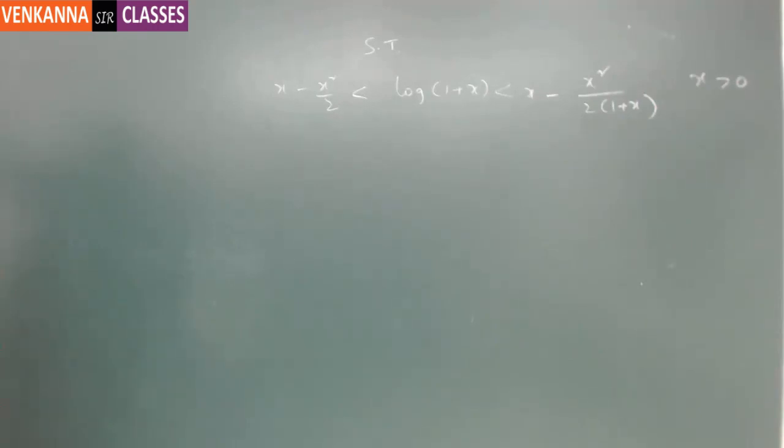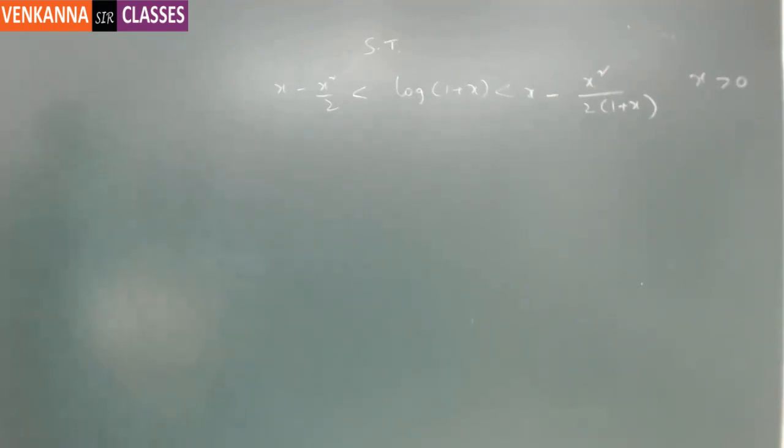Now since it is in the form of an inequality, you can think about Lagrange's mean value theorem. Sometimes for this kind of inequalities, Lagrange's theorem holds good. Otherwise, we use the concept of increasing and decreasing functions in establishing the inequalities.